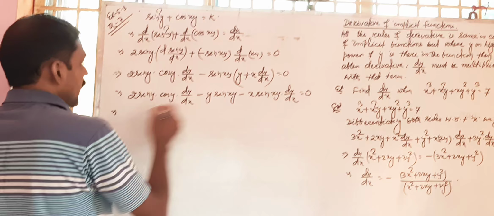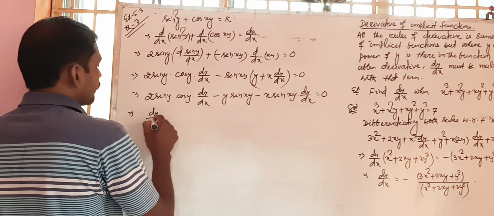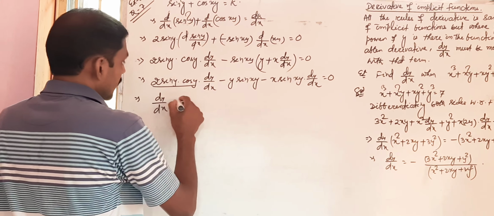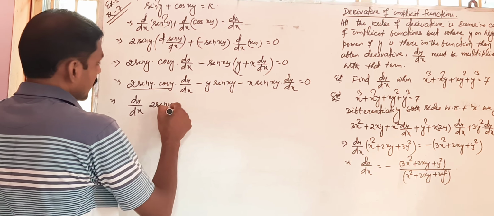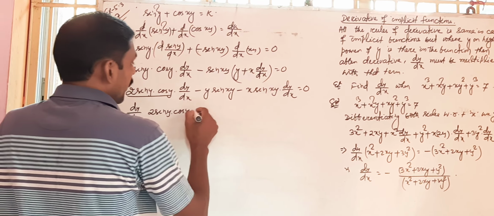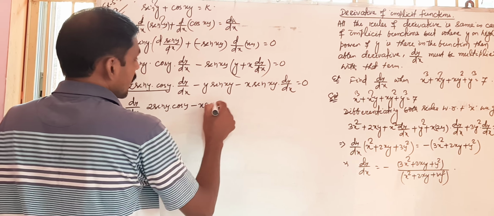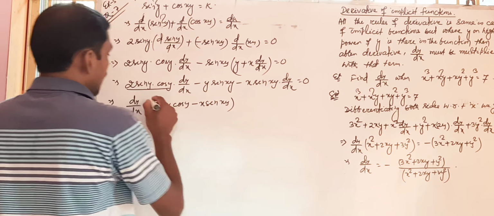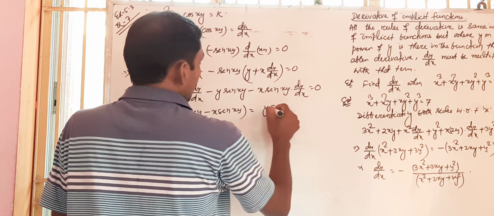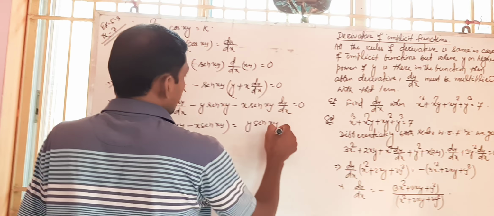Now taking dy by dx common, 2 sin y cos y minus x sin xy equal to, taking this to the right hand side, y sin xy.